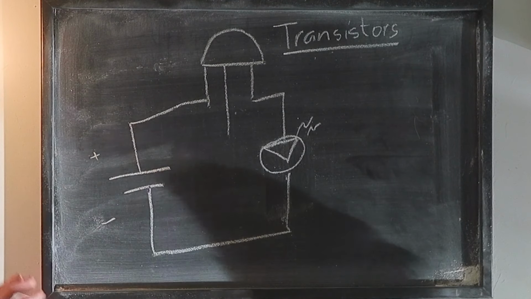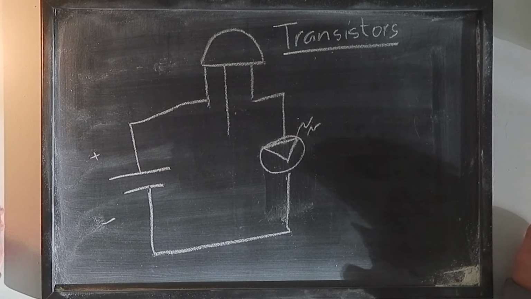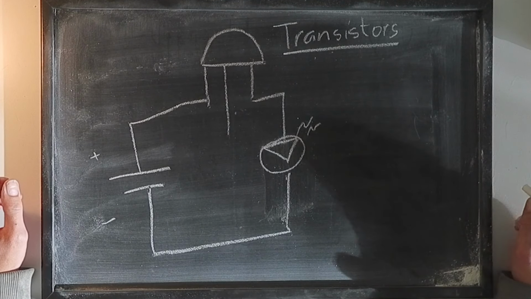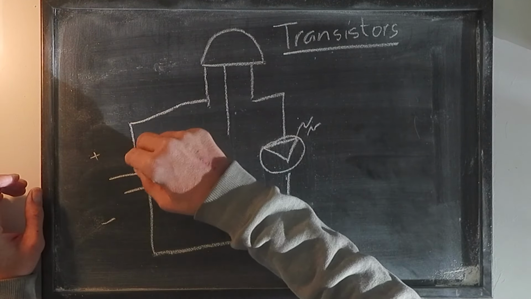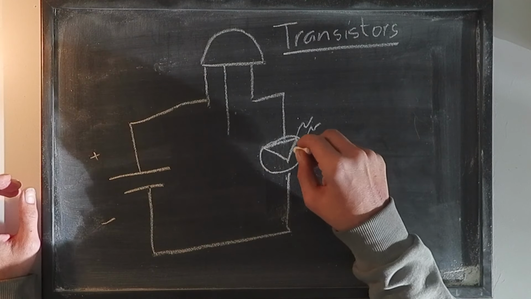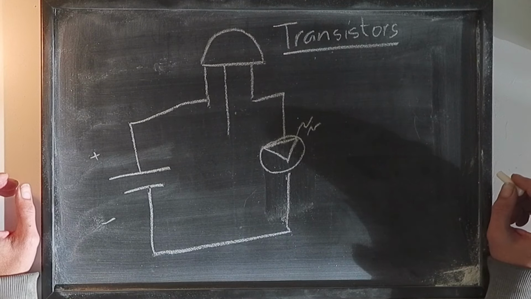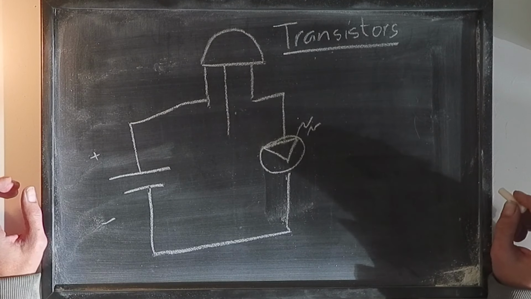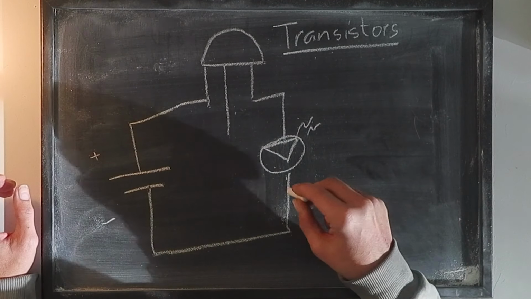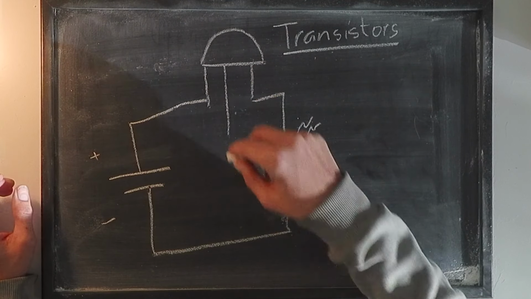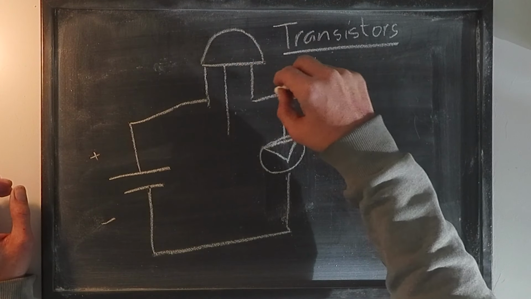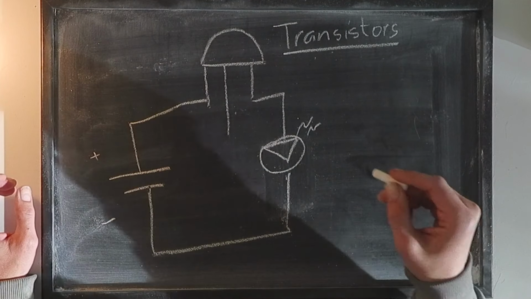And of course we need to have a resistor here as well, but let's not focus on that right now. So if we were to connect this circuit, this lamp will not be lit in this case, because this transistor works like a switch, and currently this switch is disconnected.